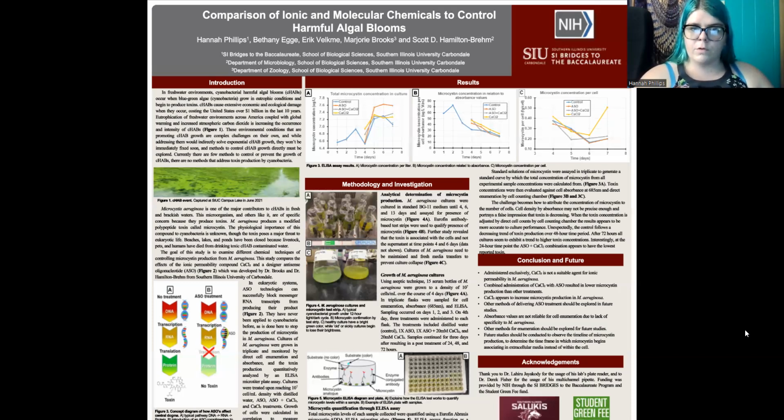All of my cultures were grown in VG11 growth media over the course of 7 days. Every day, samples were taken in order to directly count the cells in each sample through direct enumeration as well as through absorbance values. And they were also saved for the final day's test, which was the ELISA plate.